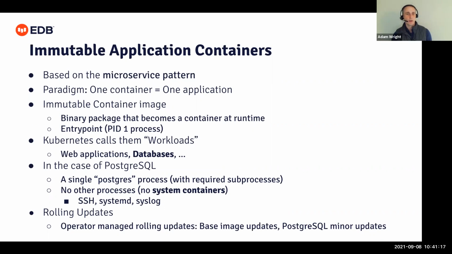All of the container images would just be swapped out with a new image that contains the latest security updates and the latest updated PostgreSQL. From an operational perspective, this makes patching much easier. You don't have to build a bunch of scripts or different standard operating procedures. You're just applying the latest image to the cluster in your custom resource.